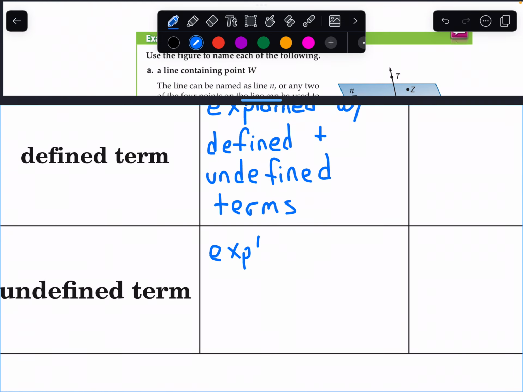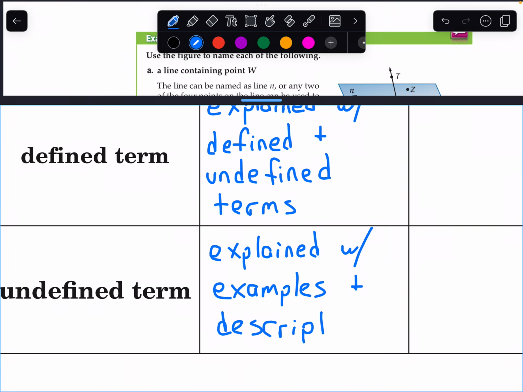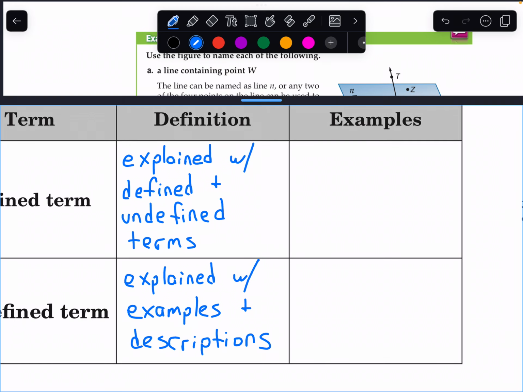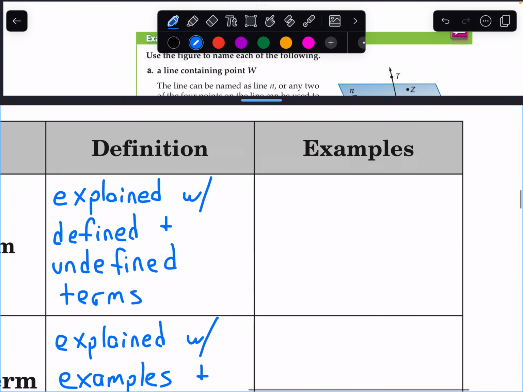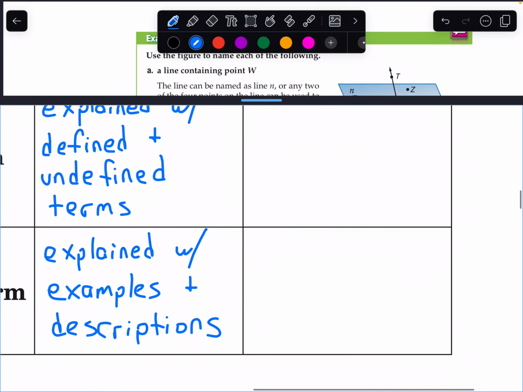Undefined is explained with examples and descriptions. So a defined term could be pretty much any of our vocabulary except for the undefined term. So why don't we start with that?